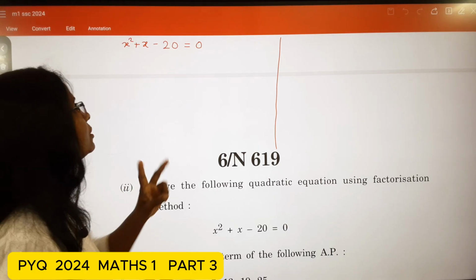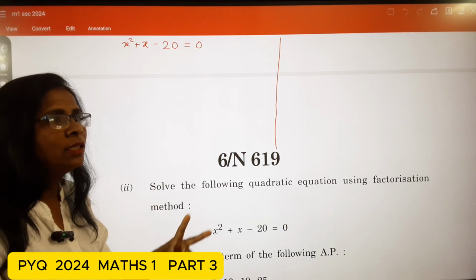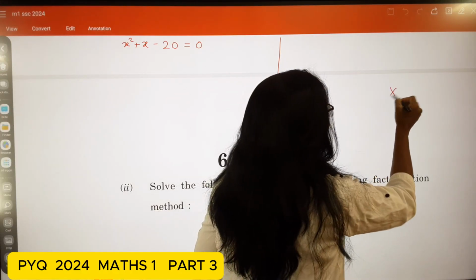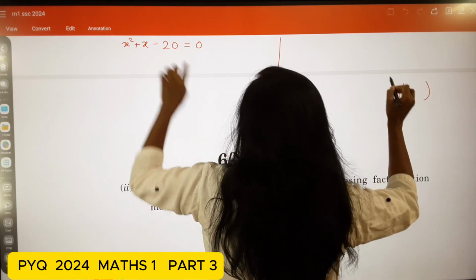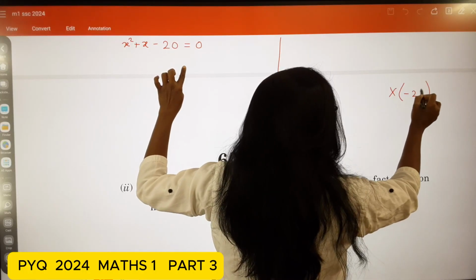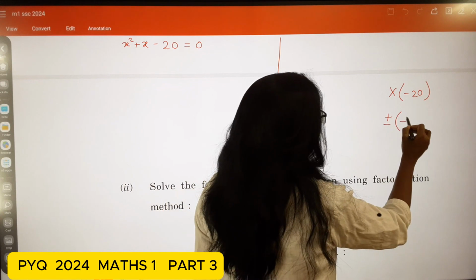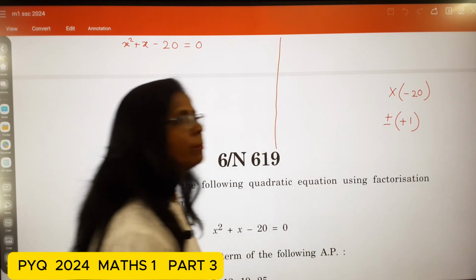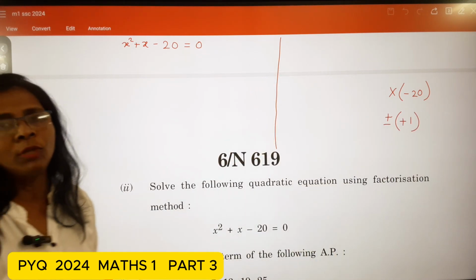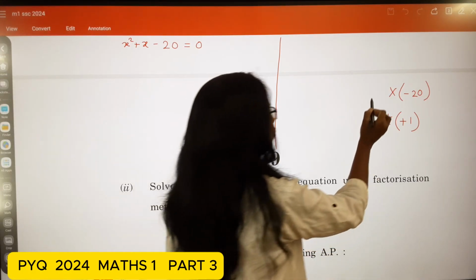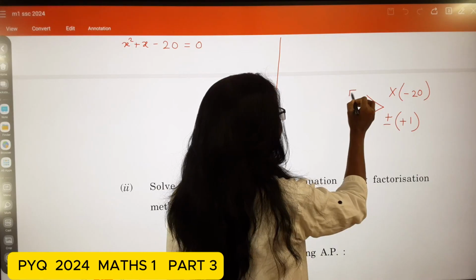We want such two numbers that have the product minus 20 and the addition or subtraction will be plus 1, student. So such numbers are 5 fours are 20. So here I write the 5 and 4.